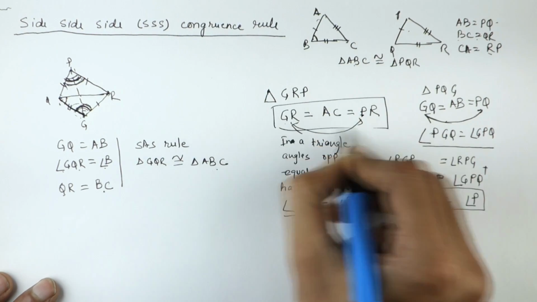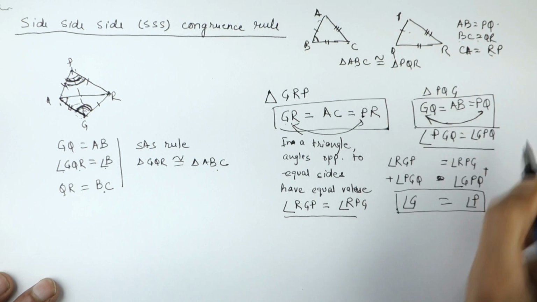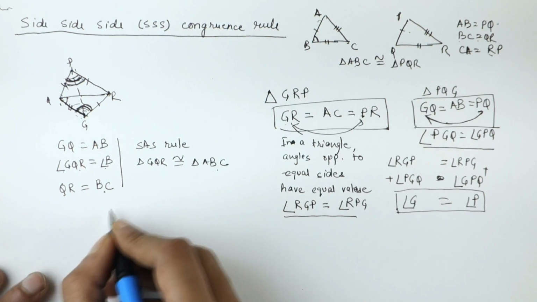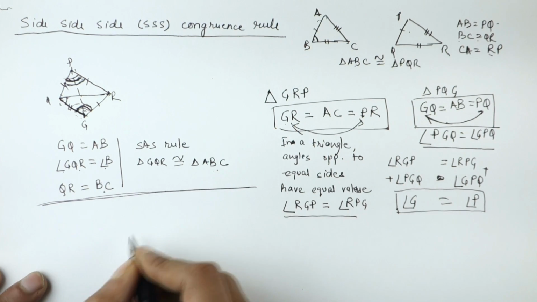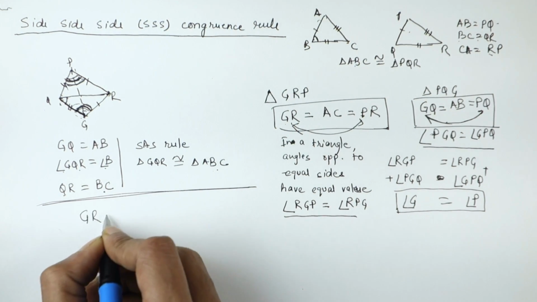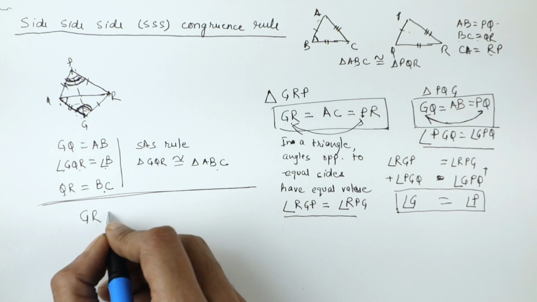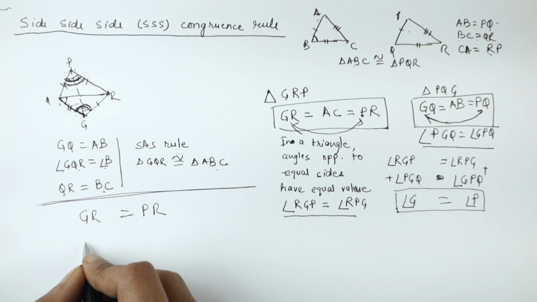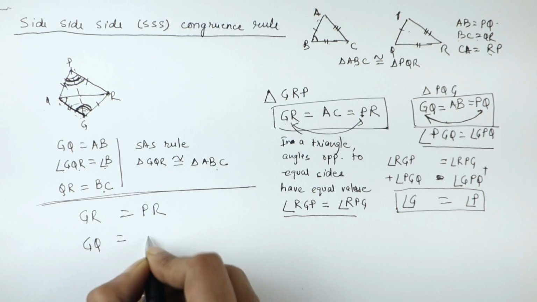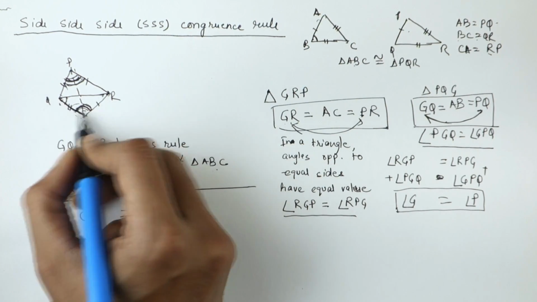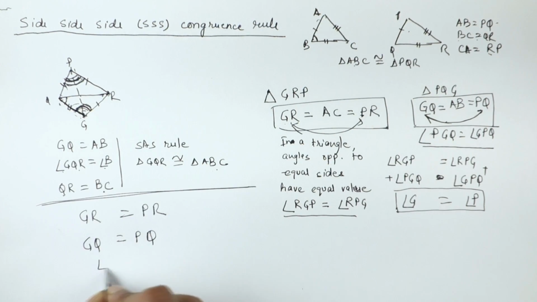When we look at these three results together, let me write all three rules here together. GR is of the same length as side PR, and GQ is of the same length as side PQ, and the angle between these sides is also of the same value.